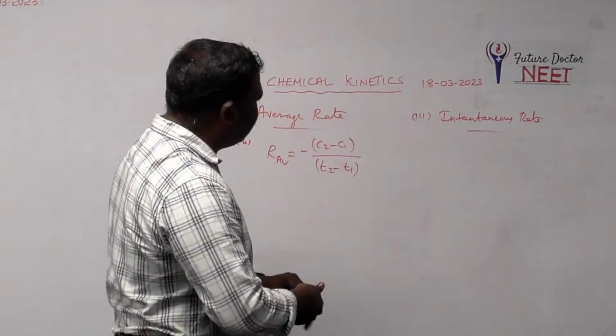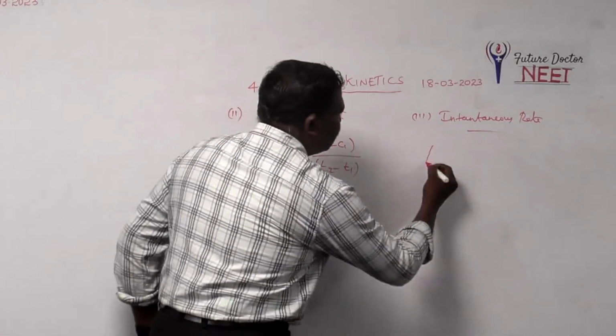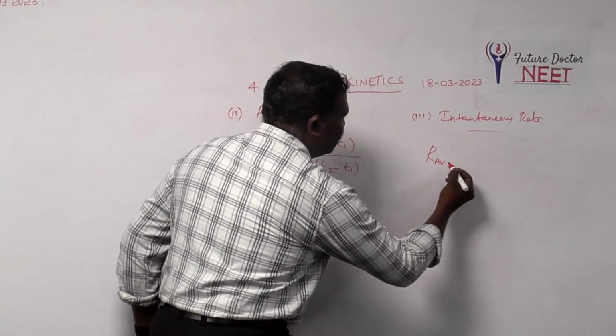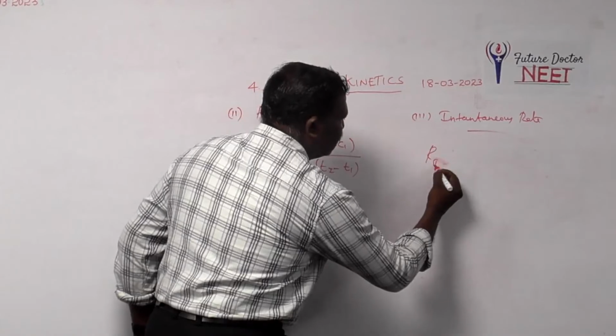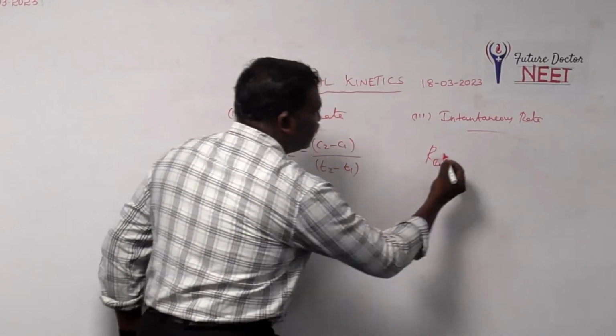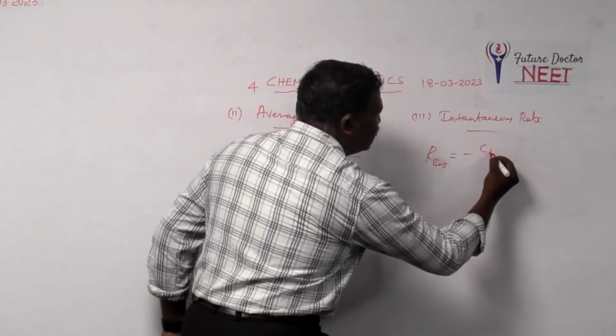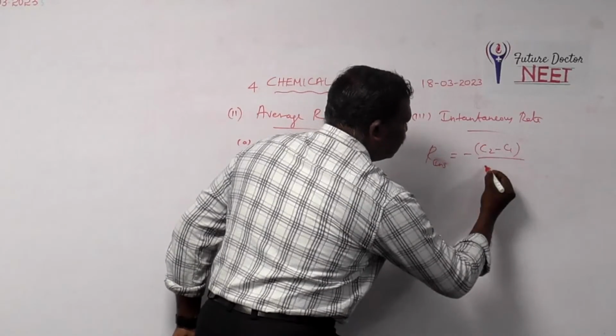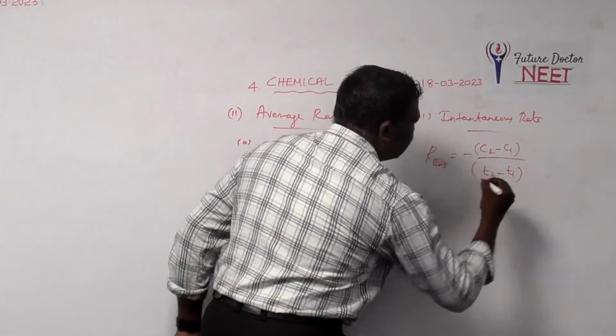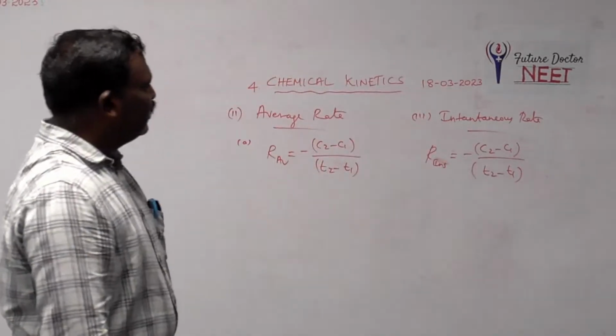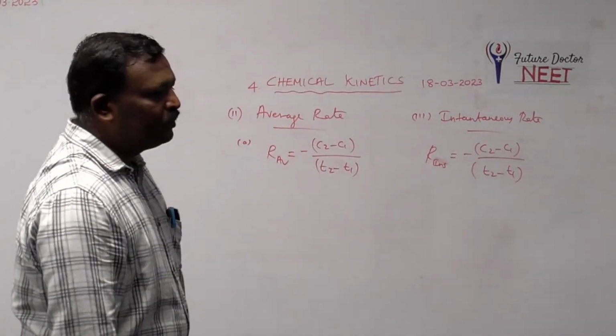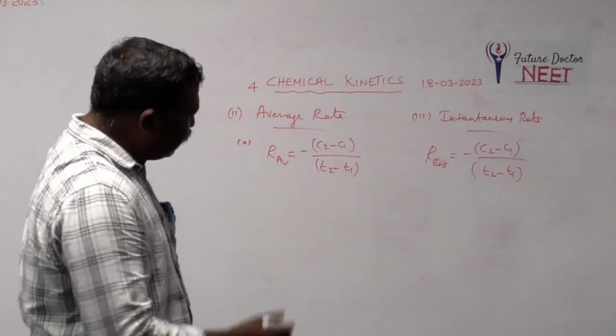Formula, both are having the same formula. You just write instantaneous minus C2 minus C1 by T2 minus T1. Same formula, but only one difference.